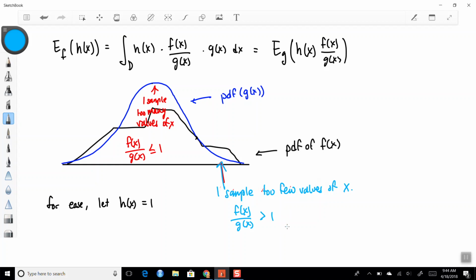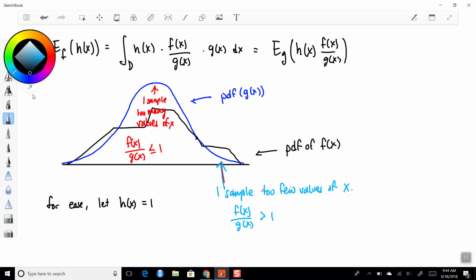And so by weighing the value of the function by the ratio between f of x and g of x, this corrects for the fact that I'm sampling too many values in one region and too few values in another region.